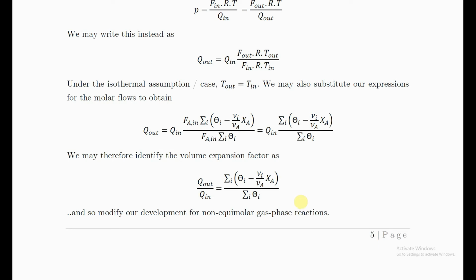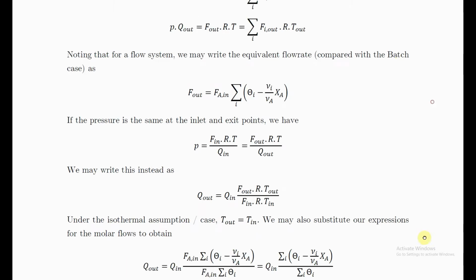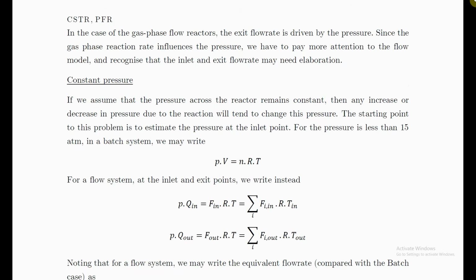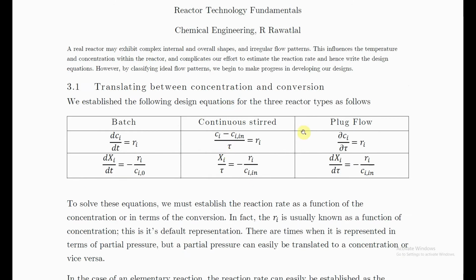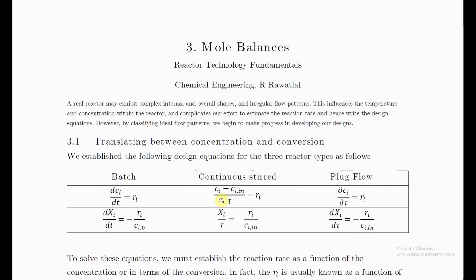Right, so that's all we need now. We can go back to our balance. So going all the way back here, when we write our balance on the CSTR or PFR, we don't use this expression anymore.